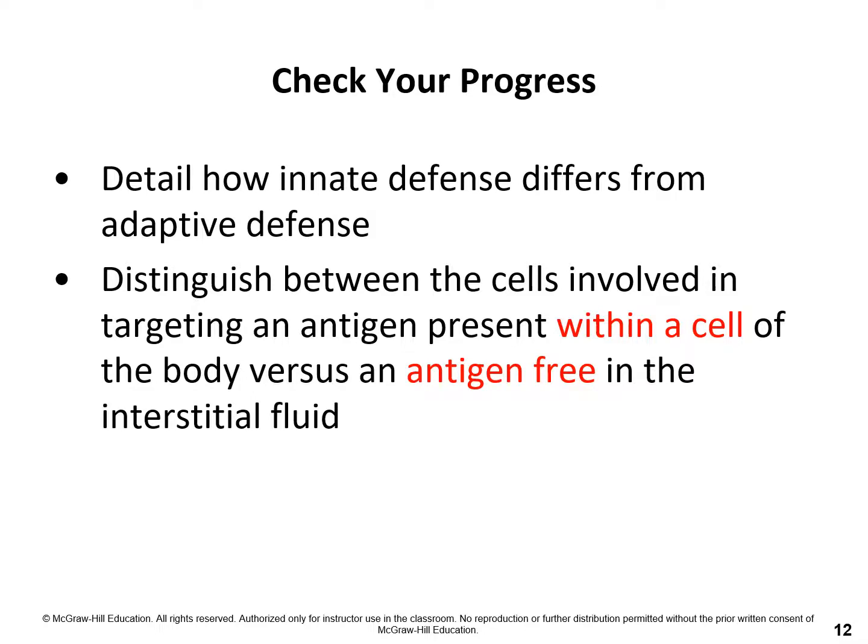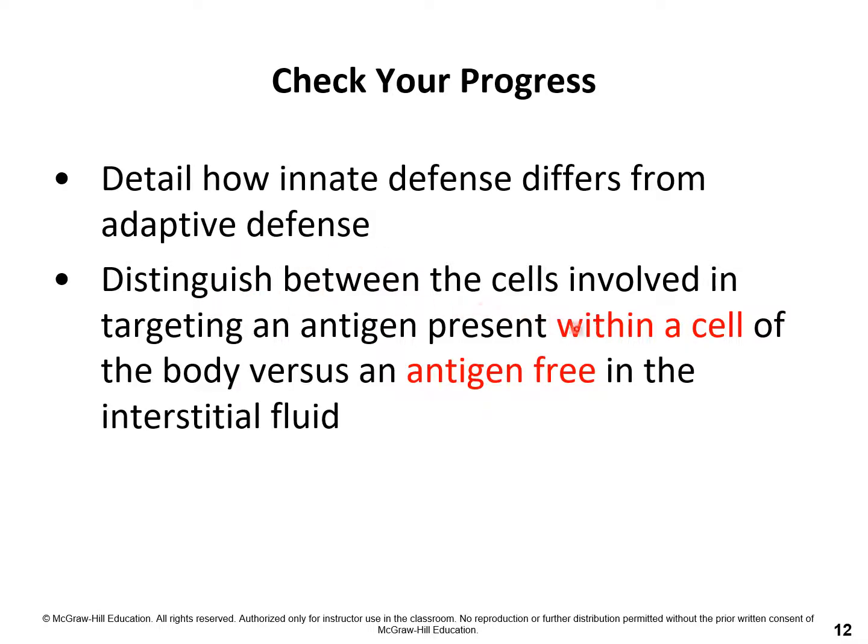So at this point, I would like for you to check your progress by detailing how the innate immune response or the innate defense, the first and second line of defense, differ from the third line of defense, or the adaptive immune response.